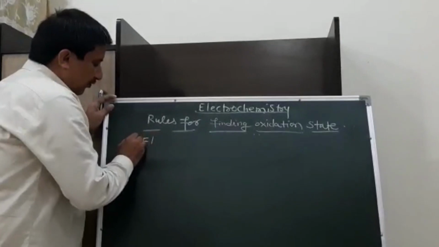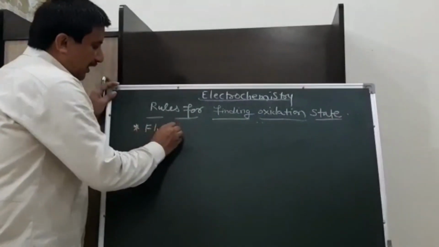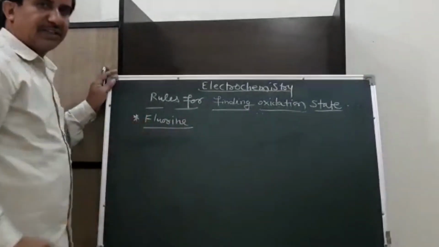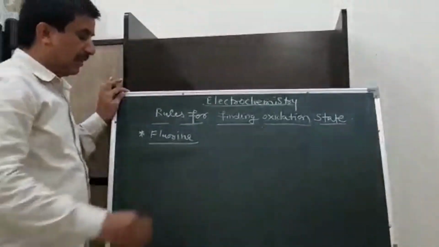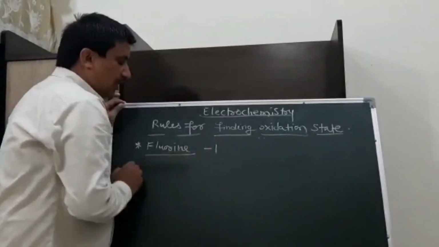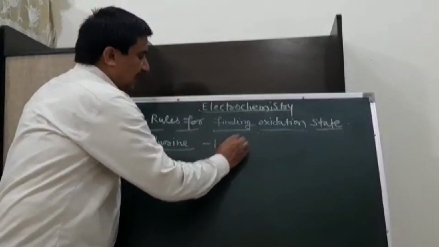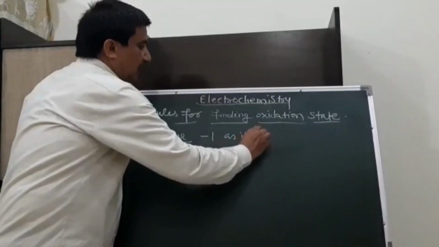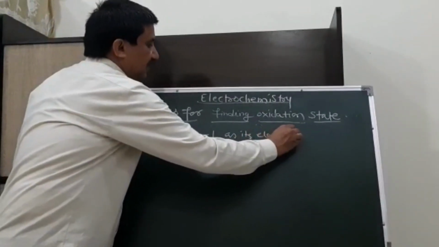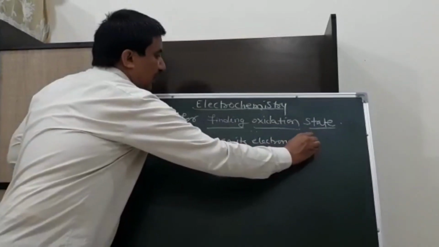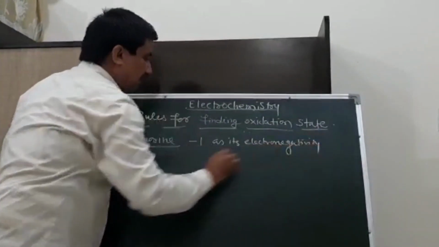Next is fluorine. Fluorine, as all of you know, is the most electronegative element. It shows -1 oxidation state, as its electronegativity is highest.